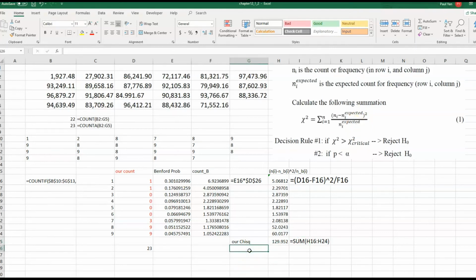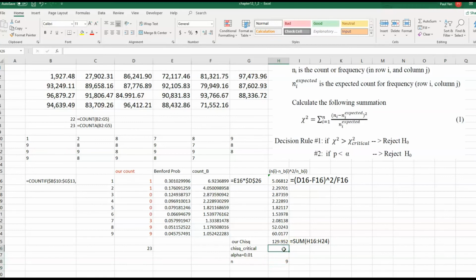Okay, so let's calculate the chi-square critical value. Let's assume alpha equals 1% and n equals 9, because we have 9 digits.